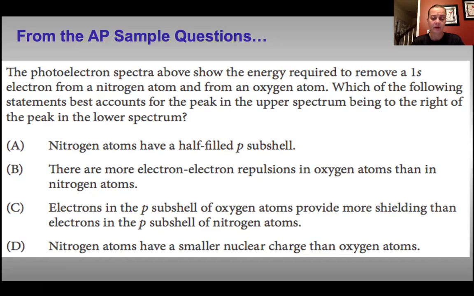Also true, but it's a small contributor. And then D says nitrogen atoms have a smaller nuclear charge than oxygen atoms. That is true, and that would contribute to a lower ionization energy, and so the answer that we're looking for is D.